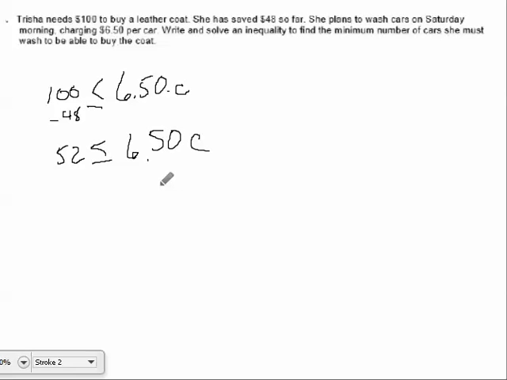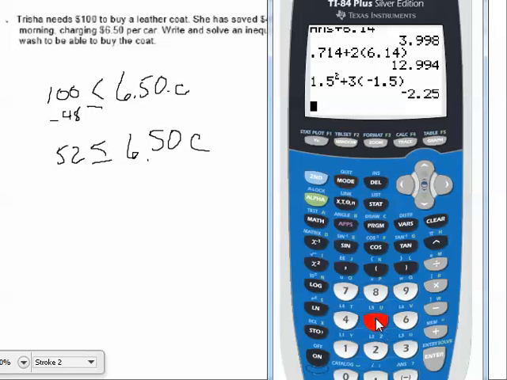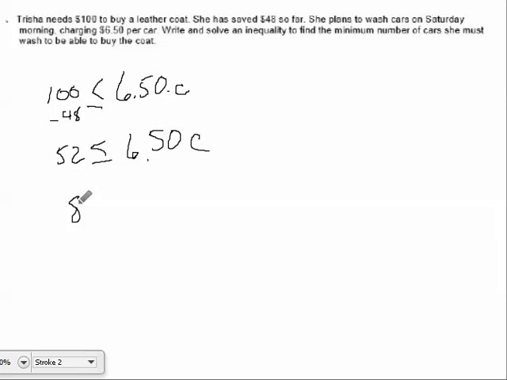So when I divide by cars, I'll take 52 divided by $6.50, and it should come back to tell me she needs to wash at least 8 cars. So if she washes 8 or more cars, she will have enough money. Cool?